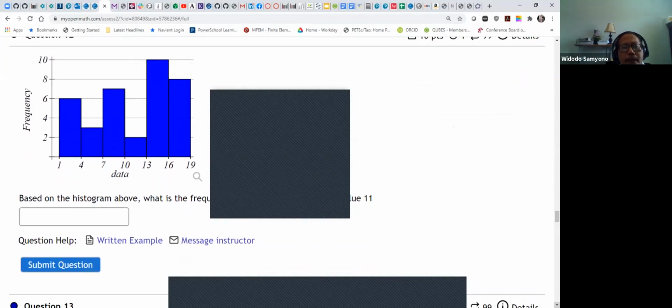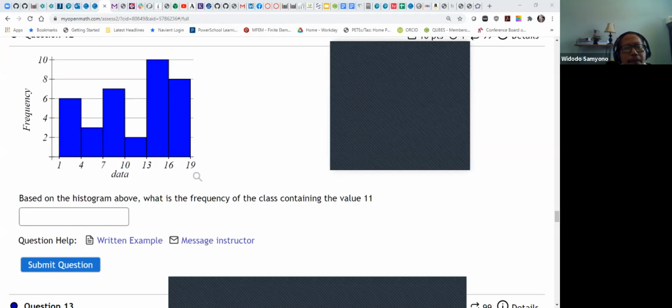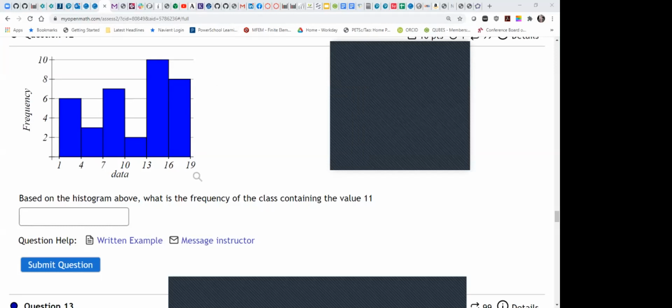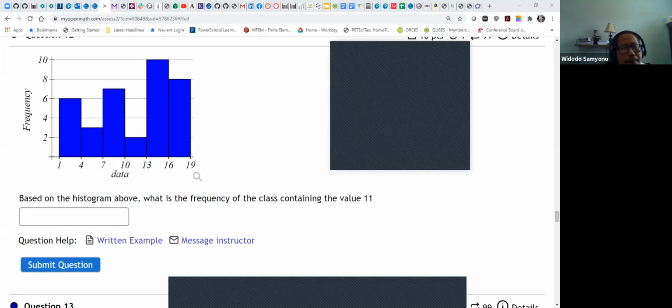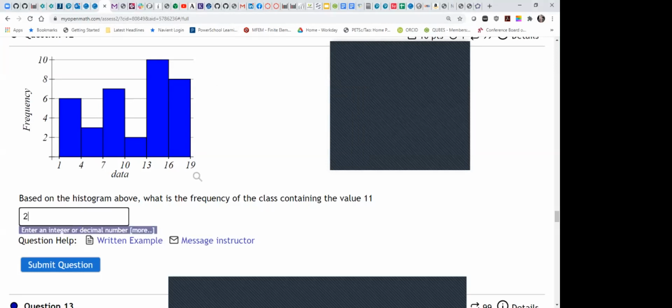Based on the histogram, what is the frequency for the class containing the value 11? The value 11 will be inside this class, right? And what is the frequency? The frequency is 2. So the answer is 2 here. Is the frequency just the number in between, like between 10 and 13?